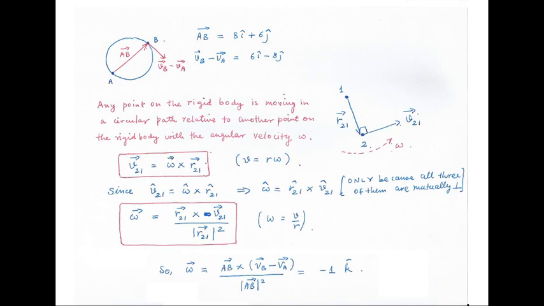So if I look at the motion of point number 3 relative to point number 1, it will be a circular path with angular velocity omega. If I look at the motion of point number 7 relative to point number 2, it will be a circular path with the angular velocity omega. The angular velocity will be common. The angular velocity in all those cases will be the same, and that is what is known as the angular velocity of the rigid body itself.